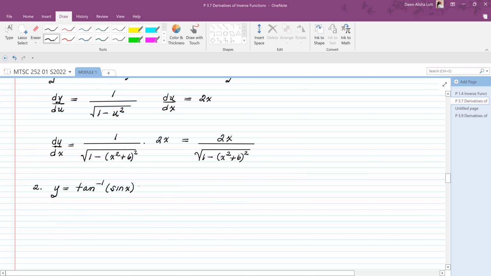And I'm going to remind you that if y is equal to the tan inverse of u, then dy du is equal to 1 over 1 plus u squared. Okay, so you will need that to do that problem. I'm going to let you work on that for a few minutes.